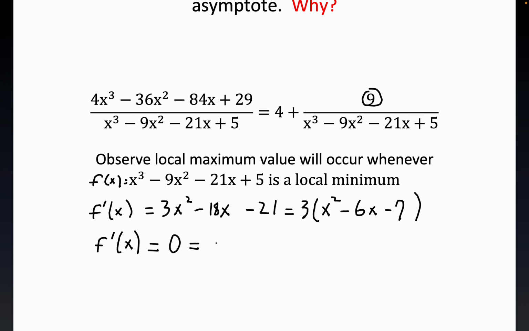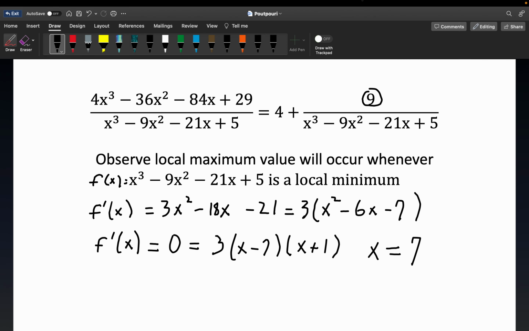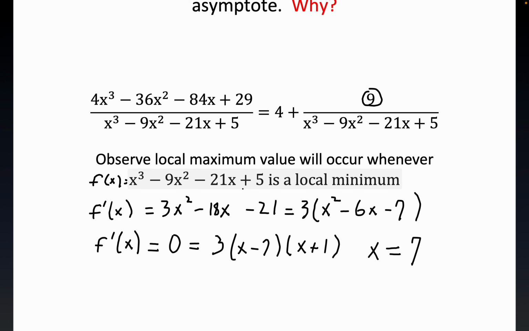This is equal to 3 times x minus 7 times x plus 1, right? So we get that x equals 7 would be a positive solution satisfying this. Now we want to know, would that correspond to a min or a max? We need it to correspond to a minimum value. If it doesn't, then there wouldn't be an answer to this.